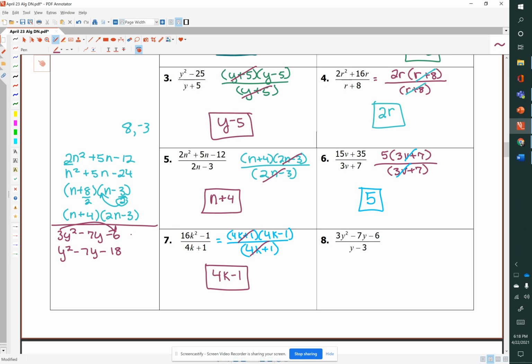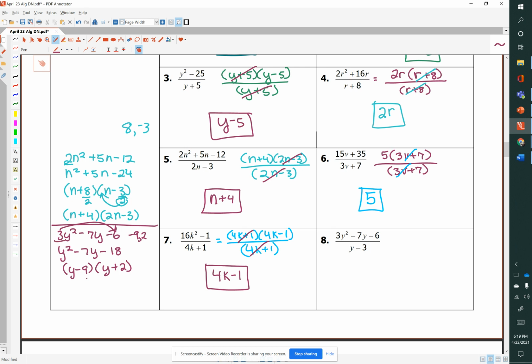We need two numbers that add to negative 7 and multiply to negative 18. So that would be 9 and 2. So negative 9 and a positive 2 would add up to negative 7 and multiply to negative 18. So y minus 9, y plus 2.